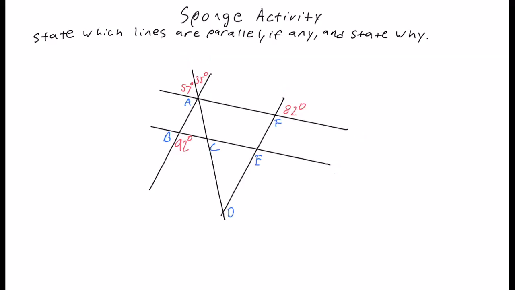I want you to state which pairs are parallel, as many as you can find, and give your reason why. So are they alternate exterior angles, corresponding angles, those types.